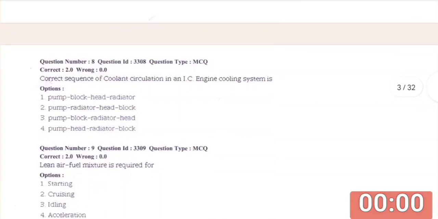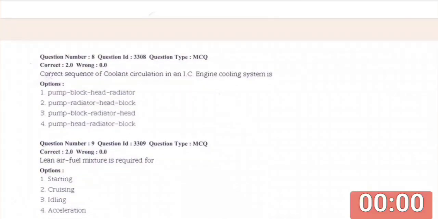Question number 9. Lean air fuel mixture is required for: option 1, starting; option 2, cruising; option 3, idling; option 4, acceleration. Answer is option 2, cruising.